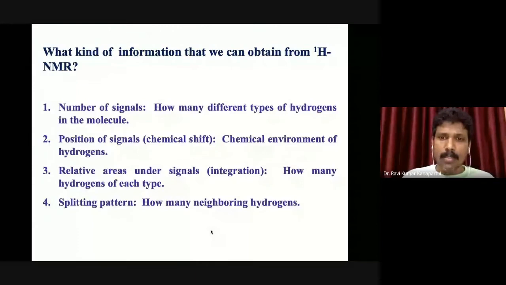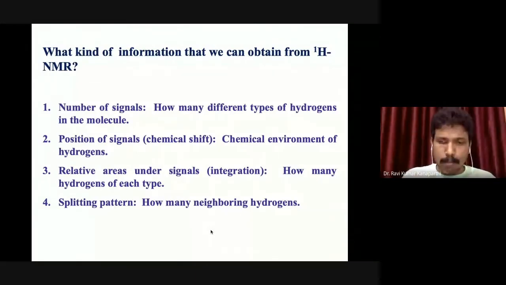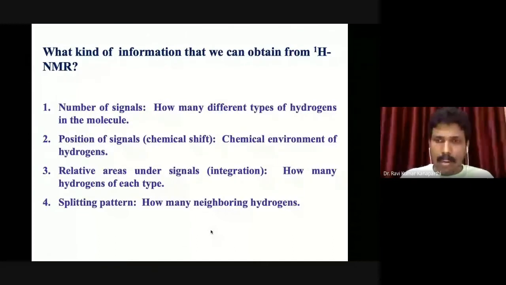Suppose you have 5 NMR peaks in the spectrum, and you measure the area of one particular peak. There is a process by which you can normalize the area with regard to one particular peak, and then you can tell how many protons are present under a particular NMR peak. And then you can do the same analysis for the other 4 NMR peaks.